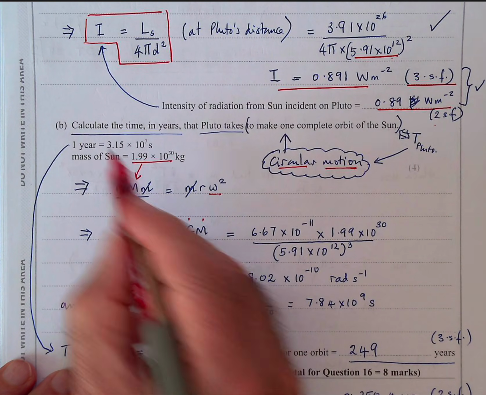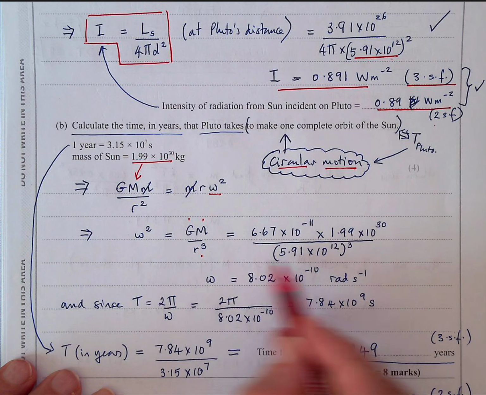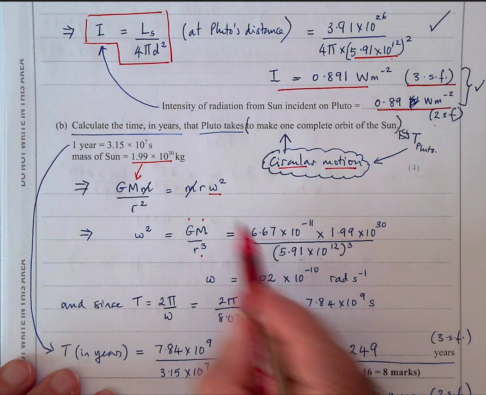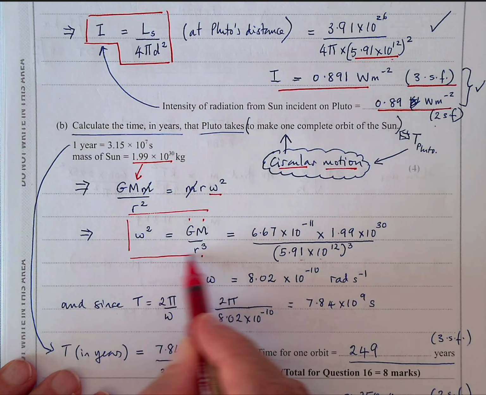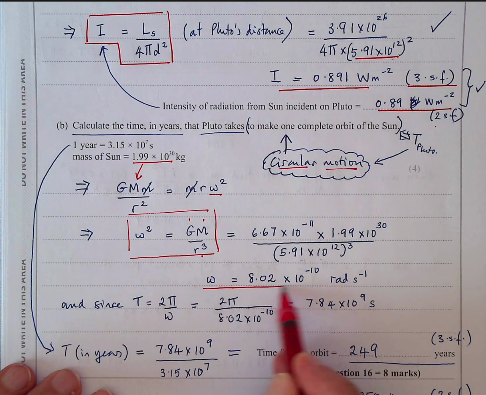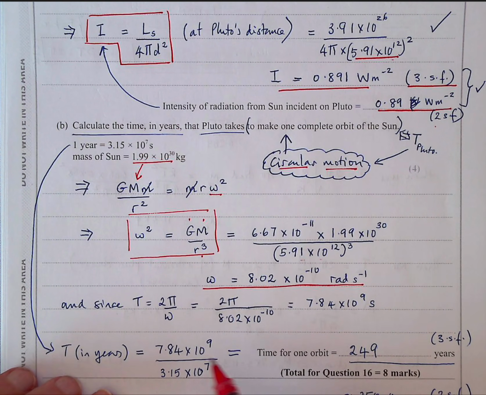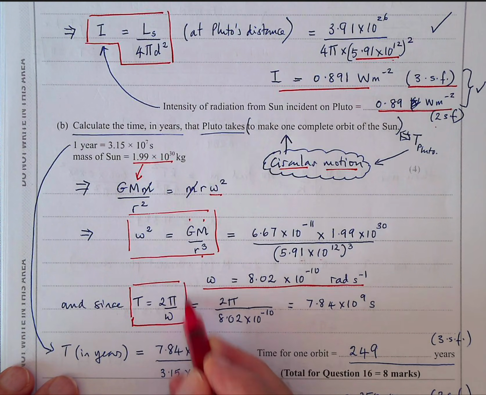So we're talking about the angular velocity of Pluto. So you've been using the distance of Pluto this time. You've got to cube it. If you simplify the equation, you'll see this is an equation that will always be true. Once you do that, you can work out the angular velocity in radians per second, and then you need to realize that T, the period, is 2 pi over omega.